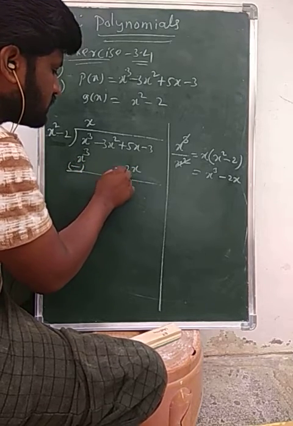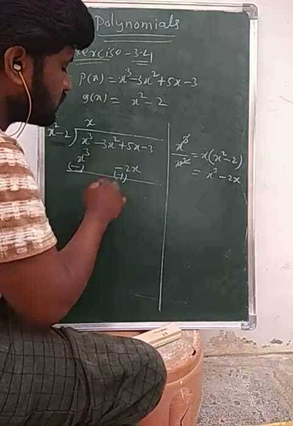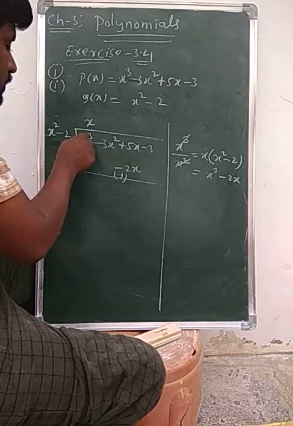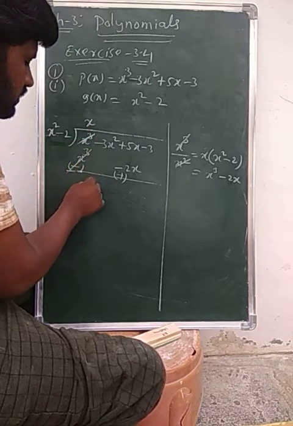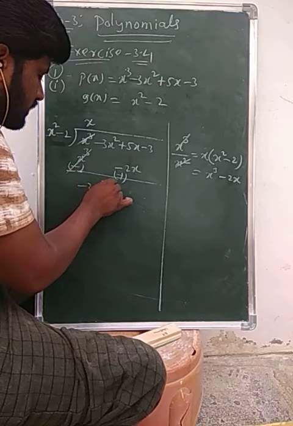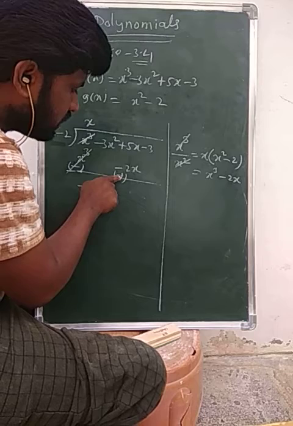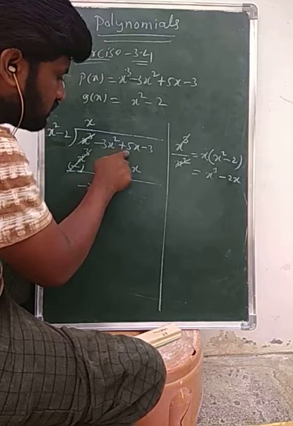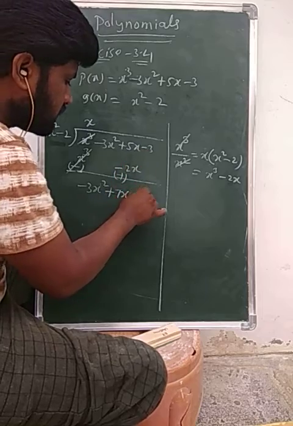Here minus 2x, by changing the signs it becomes plus 2x. Now plus x cube minus x cube cancel. Here minus 3x square is there. Here plus 5x. Here plus 2x. Plus 5 plus 2, that is plus 7x minus 3.